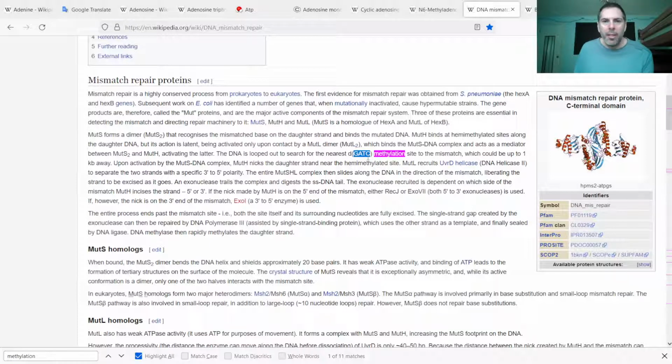There'd be a G, A, T, C. So it can add a methyl group to each strand, and then when it duplicates the DNA, the old strands will have the methyl groups and the new strands won't have it, and so the repair process can know which strands are old and which are new and correct the new strands to match the old strands. And I think this is only in bacteria.